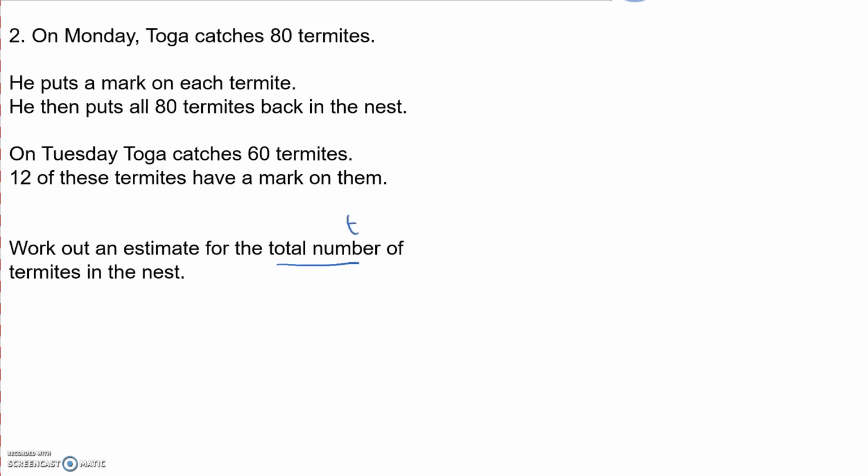So he catches 80 termites and he puts a mark on each of them and then puts all 80 termites back in the nest. So we're saying that 80 out of this total number is the fraction that he's marked. So 80 over T is the fraction.